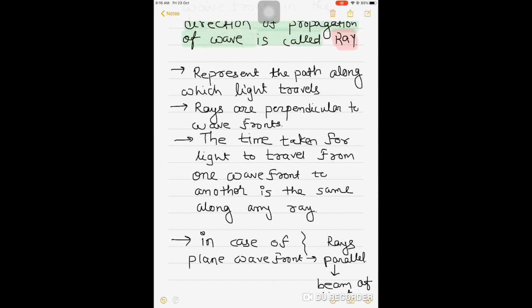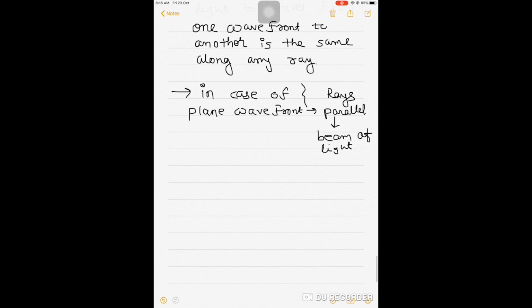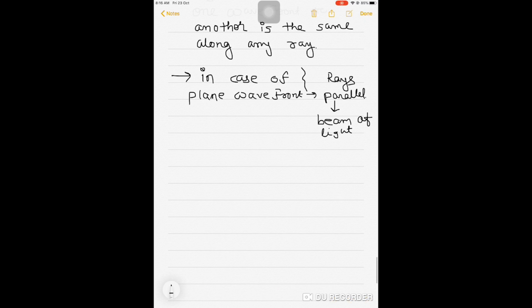In case of a spherical wavefront, we can say the rays are either converging to a point or diverging from a point.